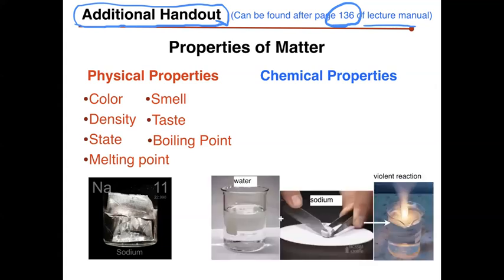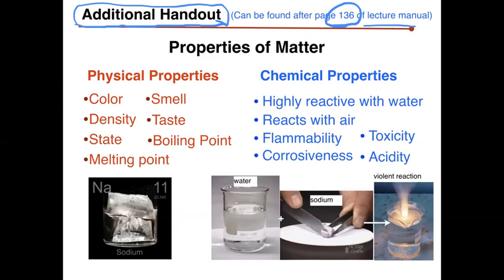But when you put this sodium metal into water, it explodes, right? You observe light being produced. These would be considered chemical properties, right? So the reactivity of the substance is considered a chemical property.